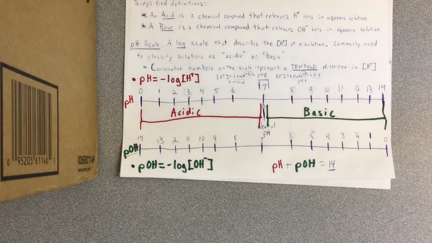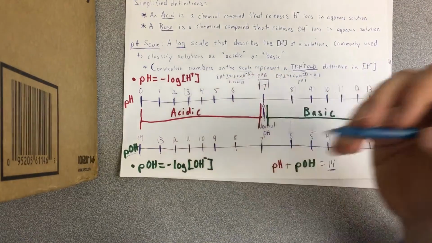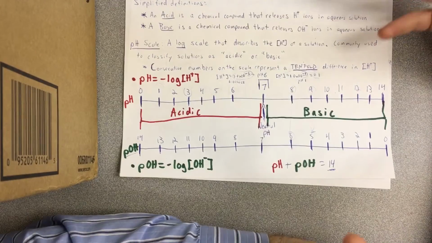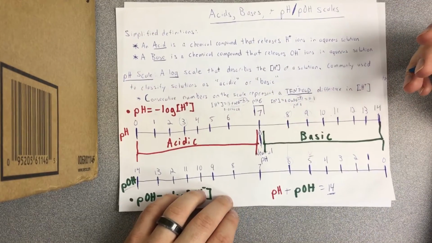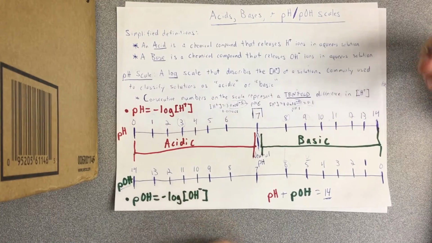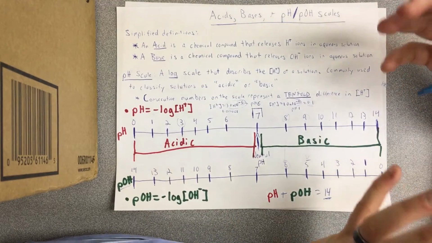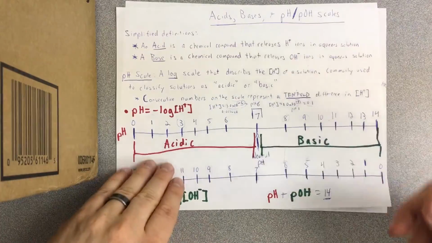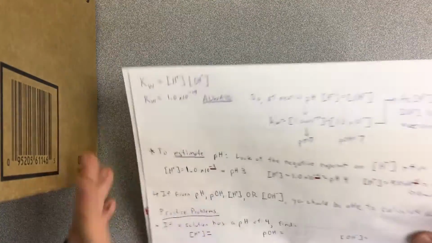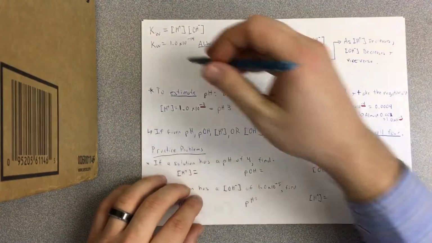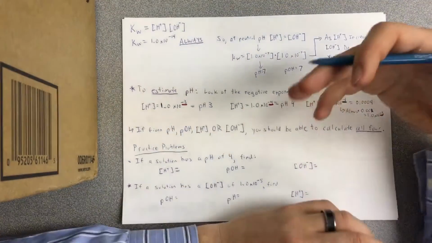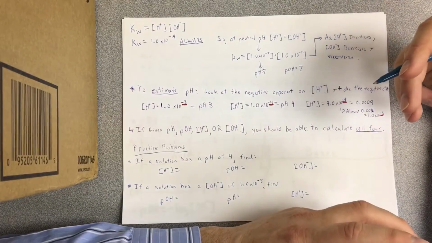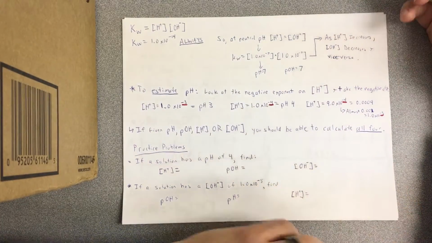So the question is, why do we care so much about H plus and OH minus? Why do we have an entire branch of chemistry devoted to taking a look at just these two ions? And the answer is, we care about them because these ions are created when water dissociates, and we know that water is probably the most important chemical that we deal with on a regular basis.